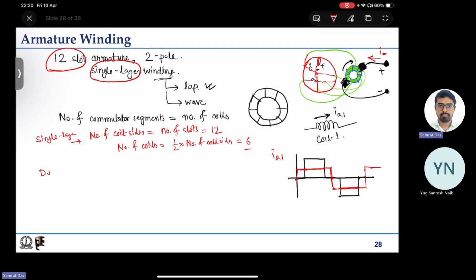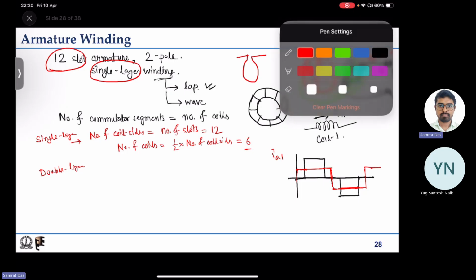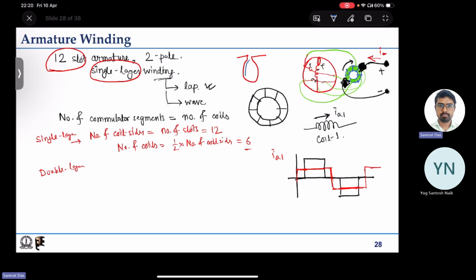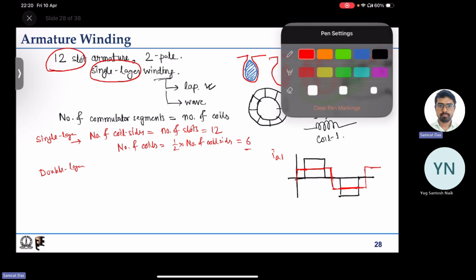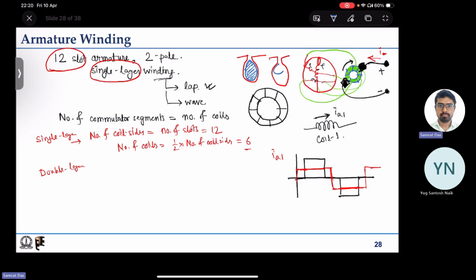But had it been double layer... what is double layer? This is one armature slot. For single layer, the entire slot will have only one coil side. But for double layer, the slot will have two layers of winding, one top layer and one bottom layer.